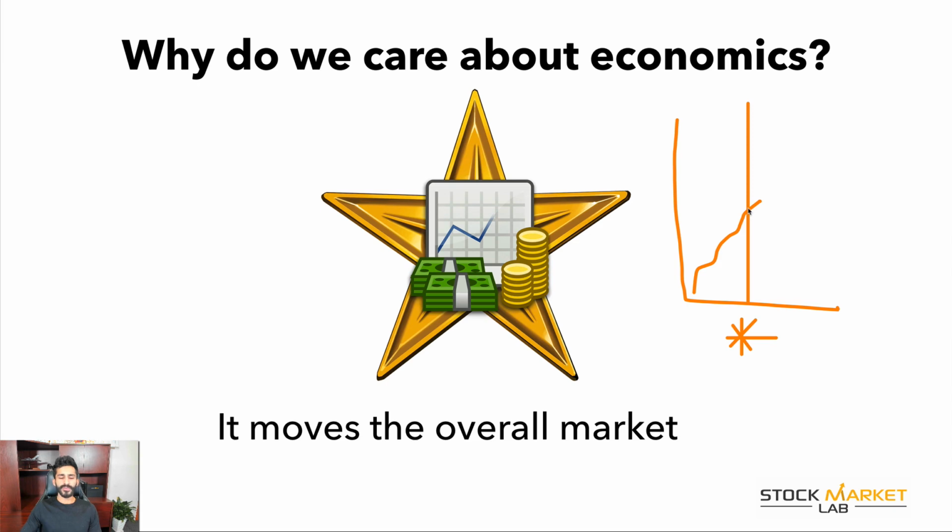Now, if that report comes out bad, there's a high possibility that the stock you're trading is going to be affected by it. So just knowing the economic indicators, knowing why the market's going up, why the market's going down, what is the root cause behind that main move up or down, is going to help you see the full picture.